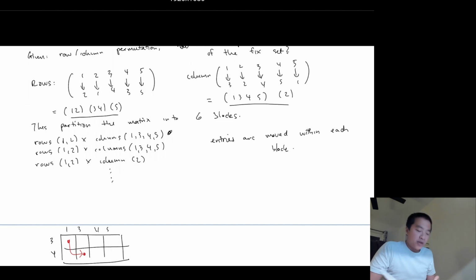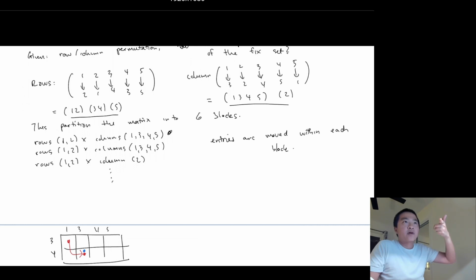Now where does this entry move? This entry right here, row 4 will be exchanged with row 3, so it will move up.